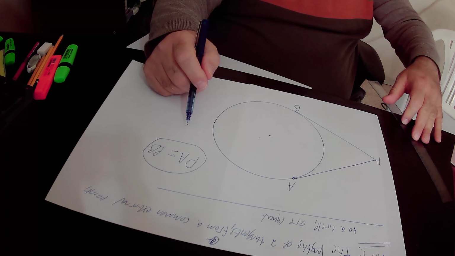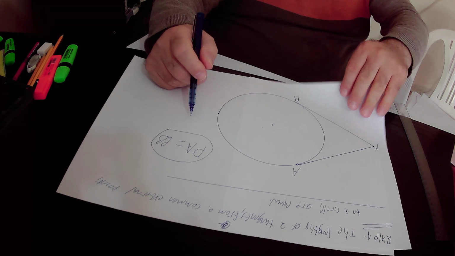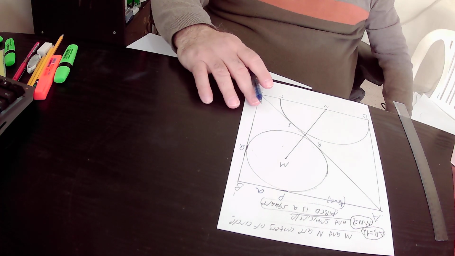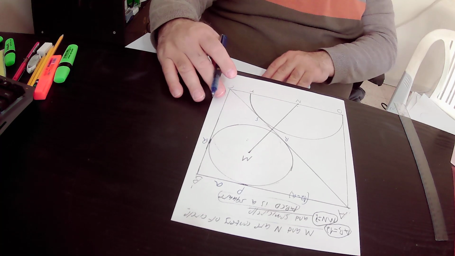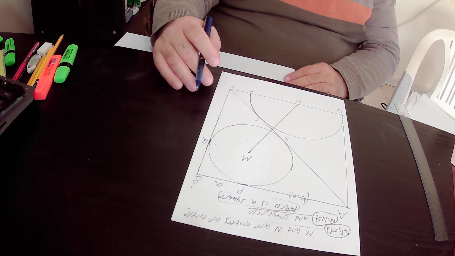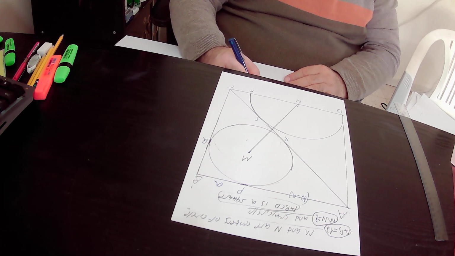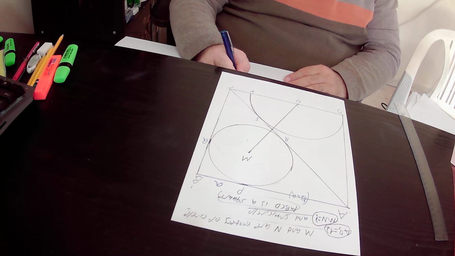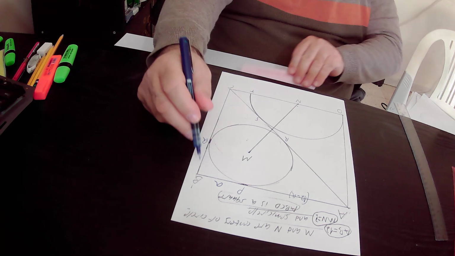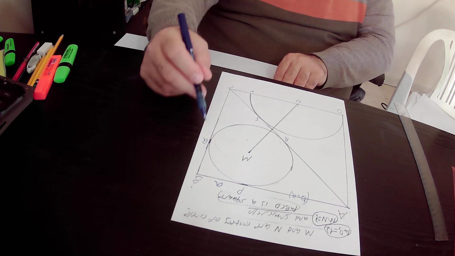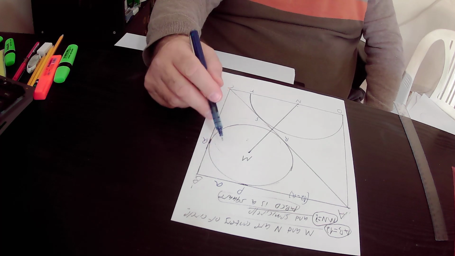So here we can implement rule number 1 in our drawing. We will focus on the external point B. From the external point B, we have two tangents to this circle.